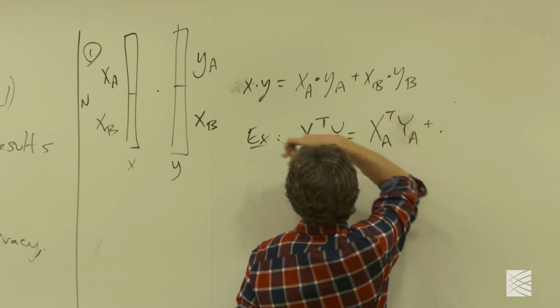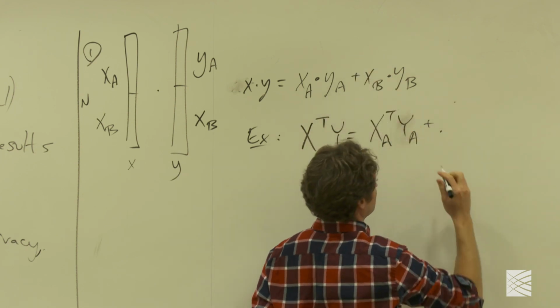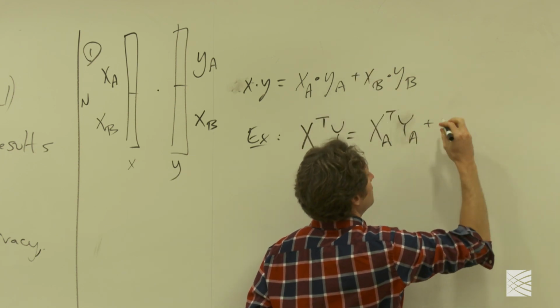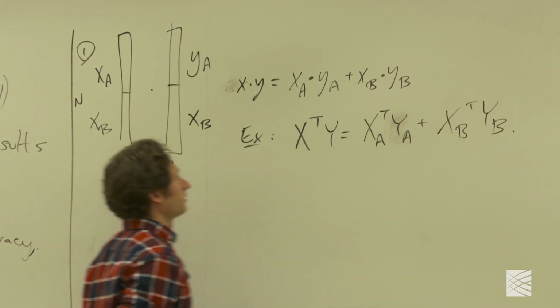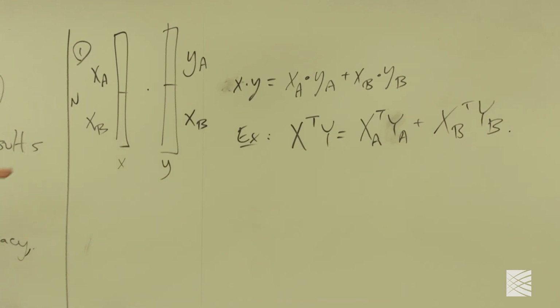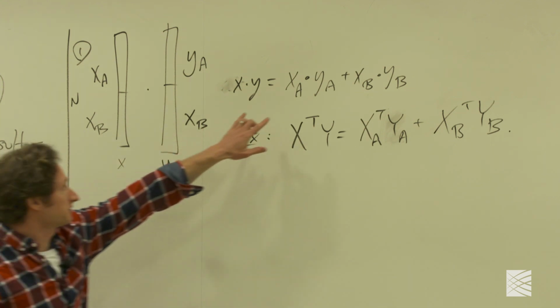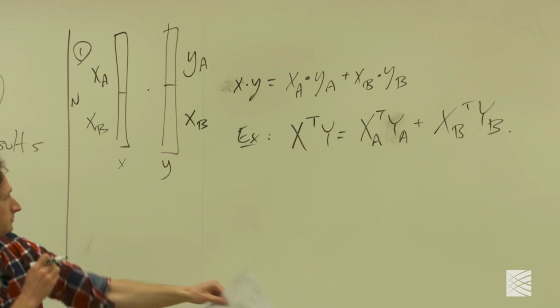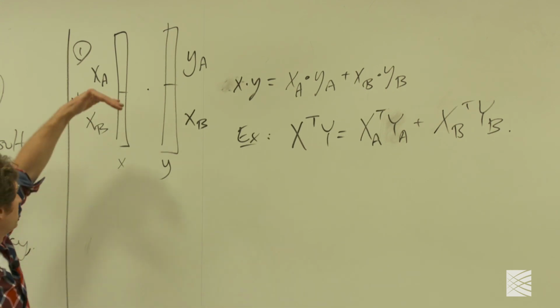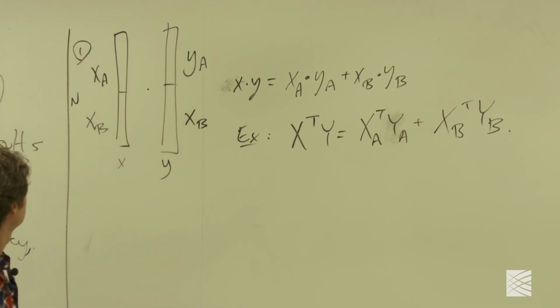But essentially, every coordinate in this result is just a dot product like this, and that's why it works. XB transpose. Okay, so these kinds of computations, you already see a strategy for how we can do it in these two stages, assuming each party owns half the rows.